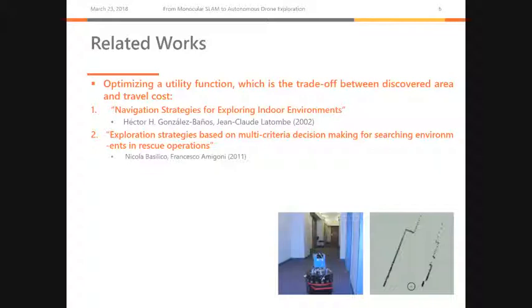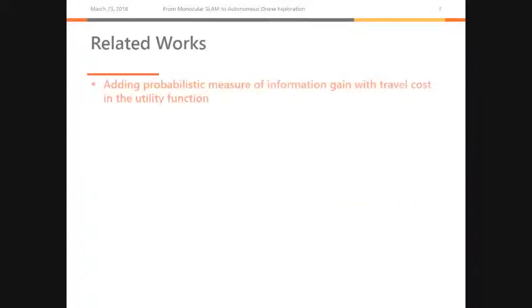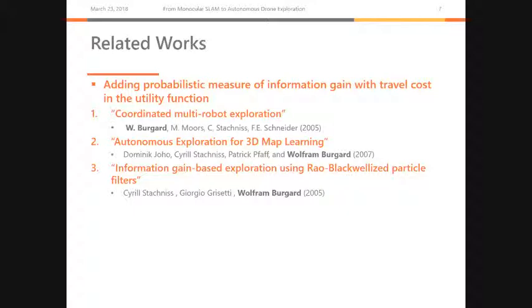These pictures are related to this one, which uses a 2D laser scanner, and this is the input that they have. And also there is the other branch that talks about measuring information gain instead of discovered area. So these are some of the works.